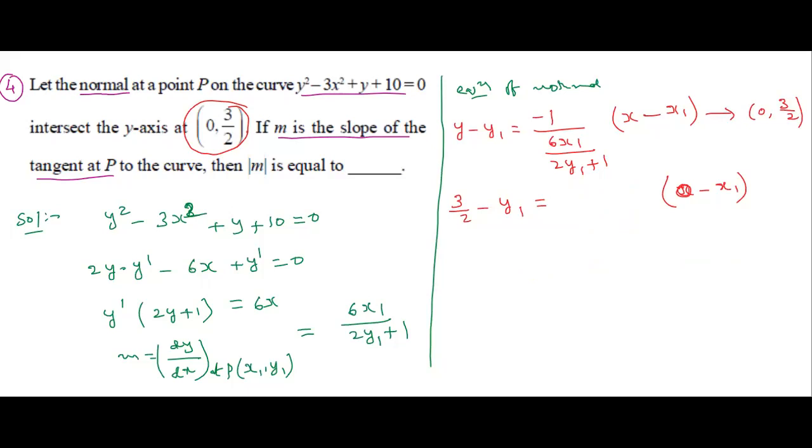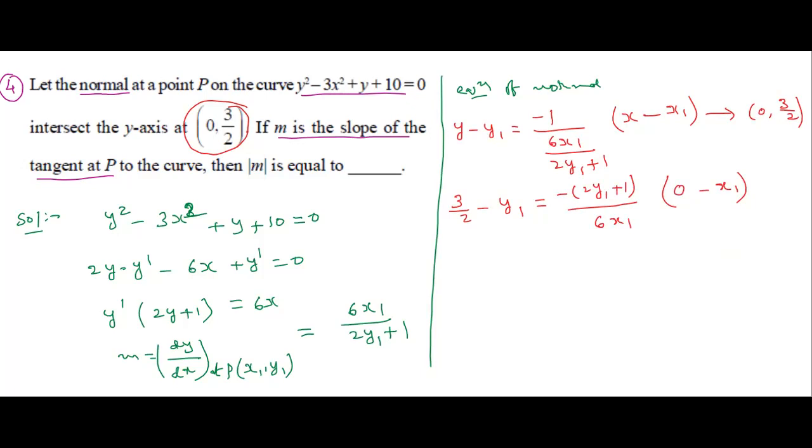Yes or no? So in the numerator we get minus of (2y1 plus 1) divided by 6x1. Now this value is completely 0.